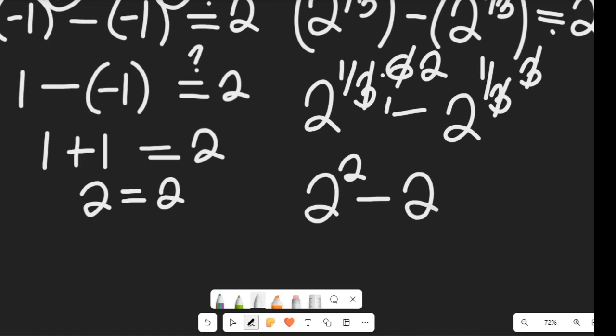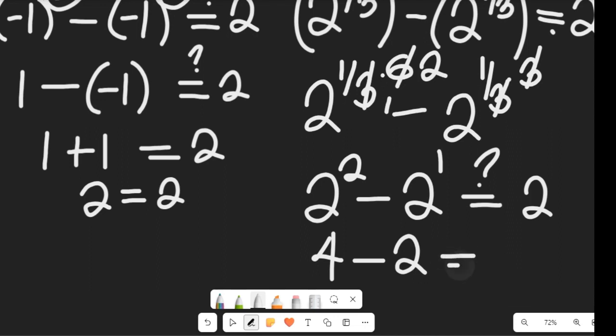And then we'll have the solution to now give us 2 to the power of 2 minus 2 to the power of 1. Will it be equal to 2? Let's see. 2 to the power of 2 is equal to 4. 4 minus 2. Will it be equal to 2? Of course, that will be 2 equal to 2.